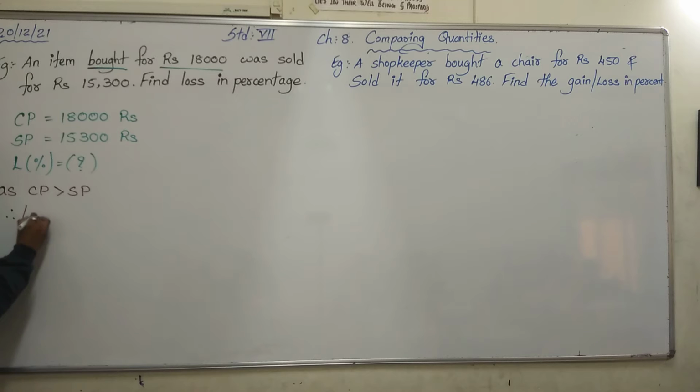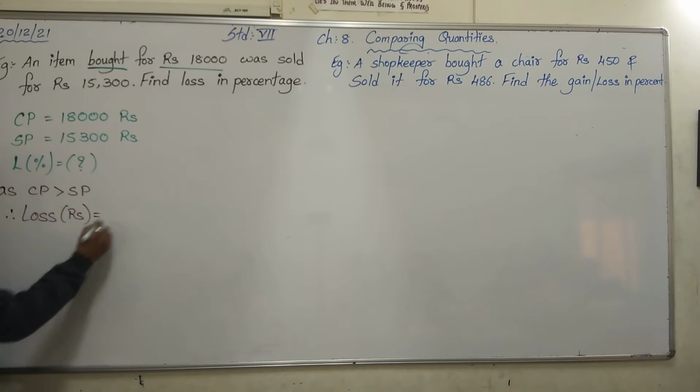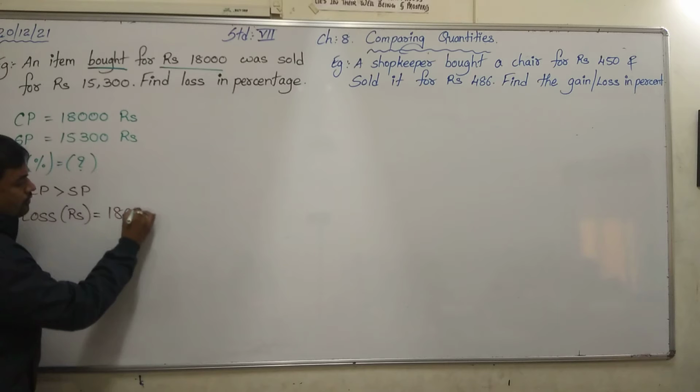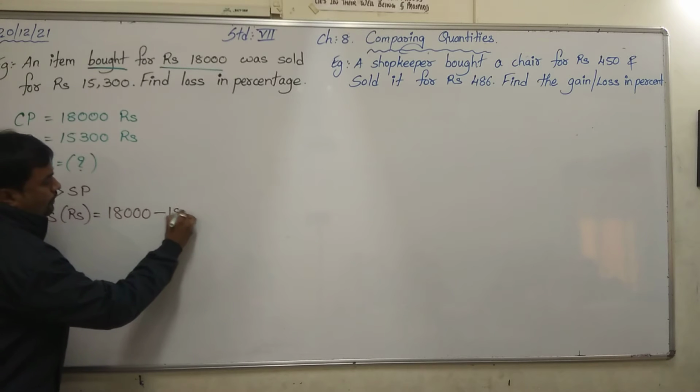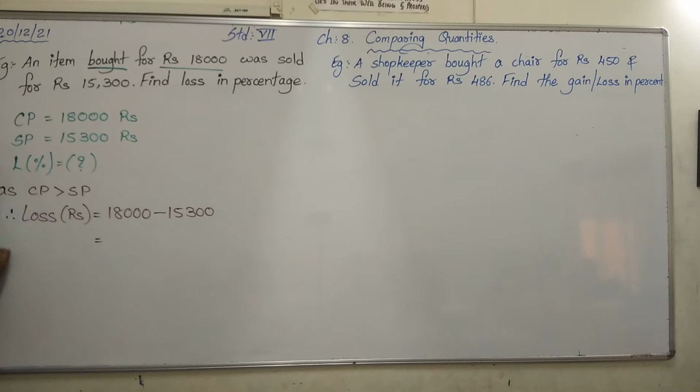Therefore, loss in rupees is equal to 18,000 minus 15,300. That is equal to 18,000 minus 15,300.